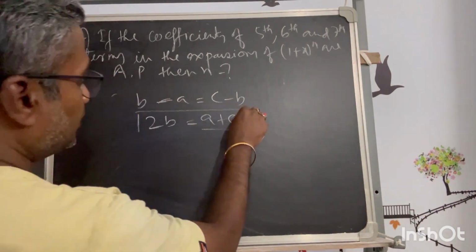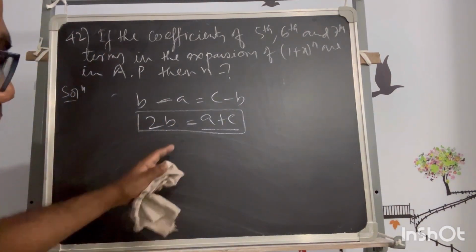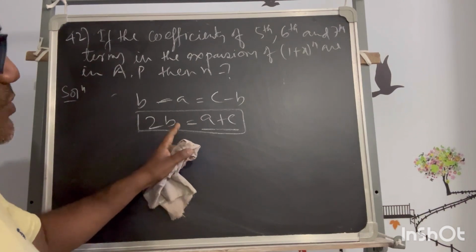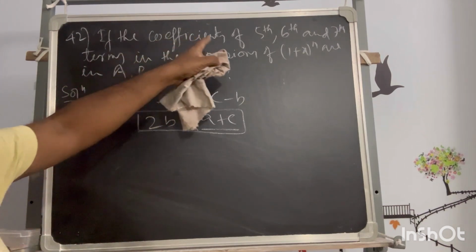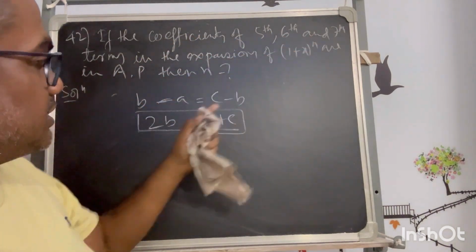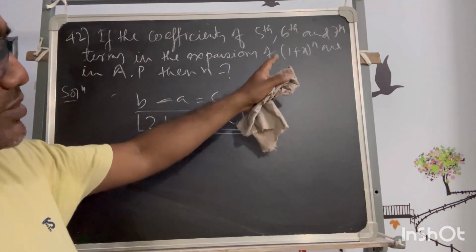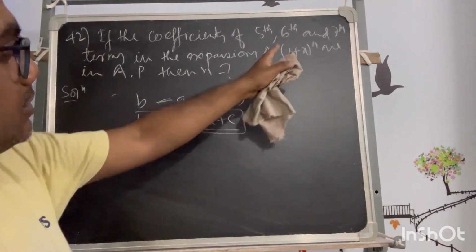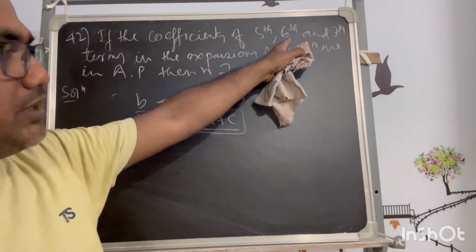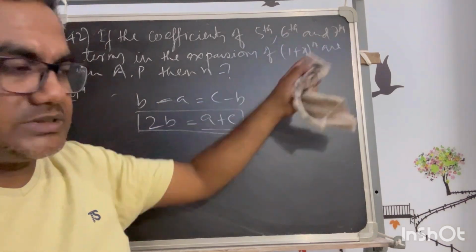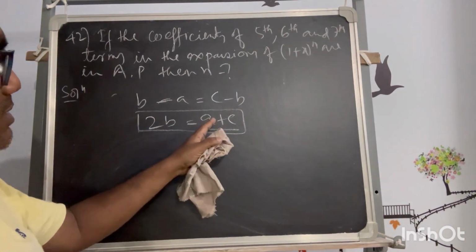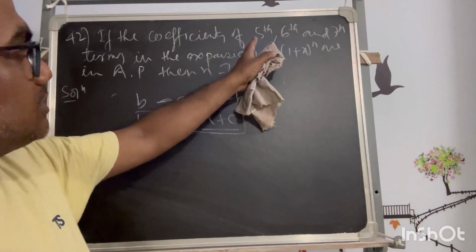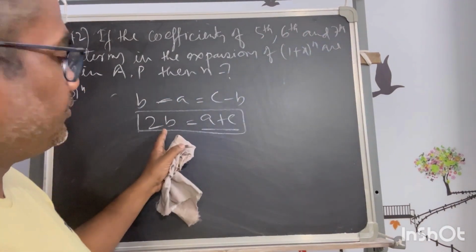So here I will use this formula for arithmetic progression, because it concerns three consecutive terms of an AP. We can say the double of the sixth term will be the addition of the fifth and seventh terms as per this rule, because the fifth and seventh are the extreme terms and the sixth is the middle term.